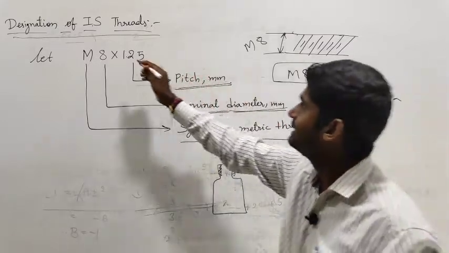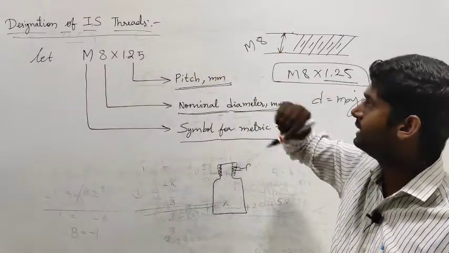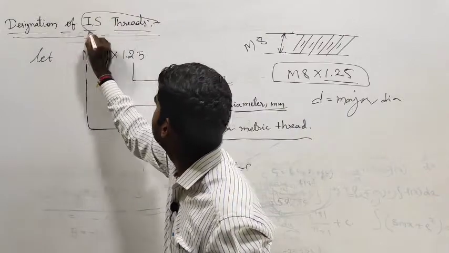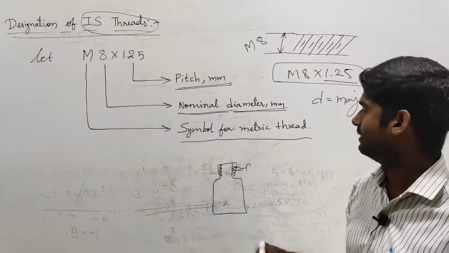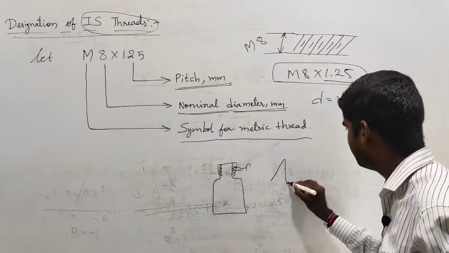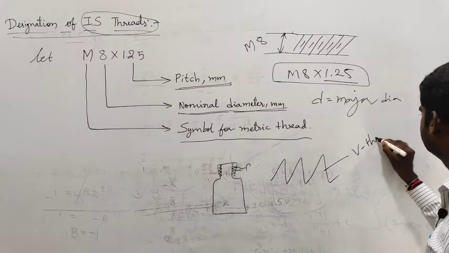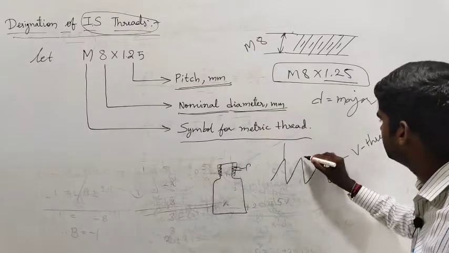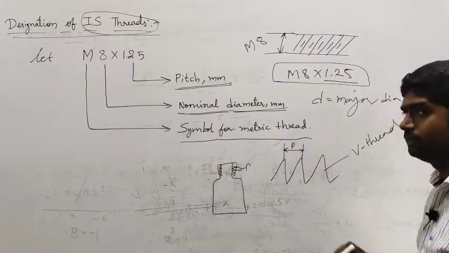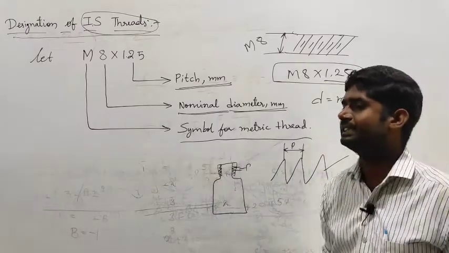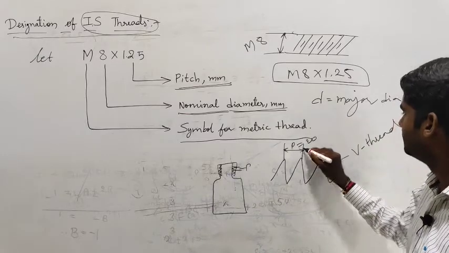This is the designation of IS threads, Indian standard threads, which we use for all threads. Why Indian standard threads? In a V thread, the distance between two threads is the pitch. Anywhere you go in any state, the pitch is the same, say 20.